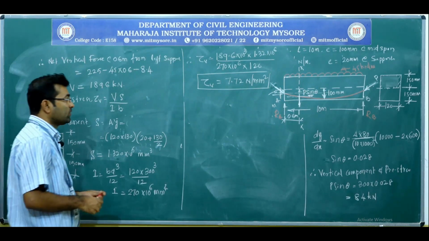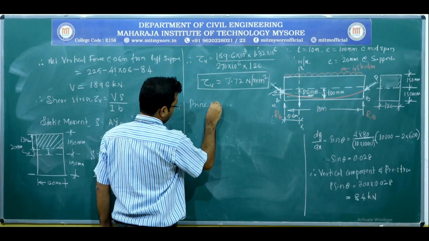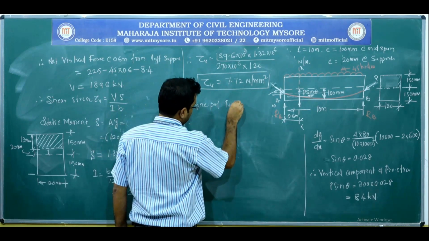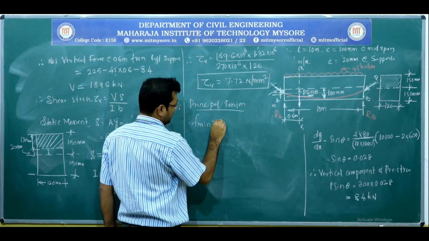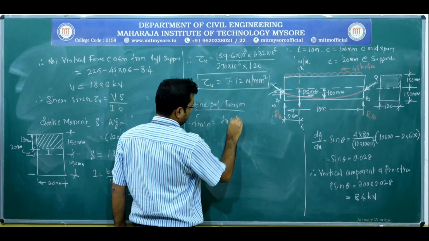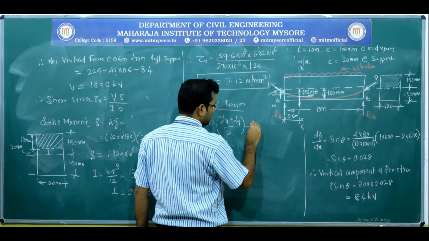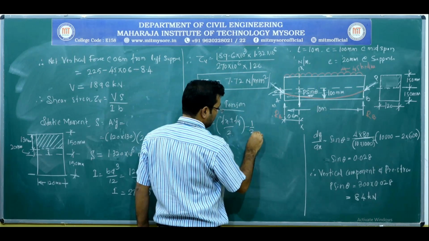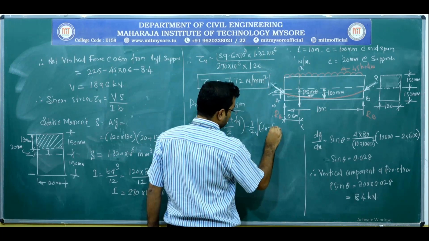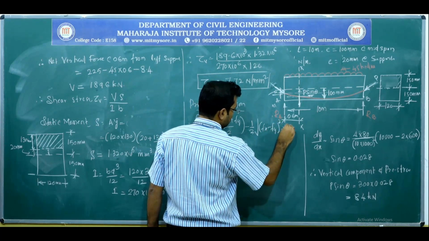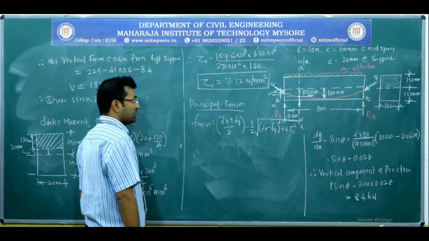Now let us calculate the principal tension. Principal tension f minimum is equal to (fx plus fy) by 2 minus half into under root of (fx minus fy) whole square plus 4 times τ square. So this is our formula.